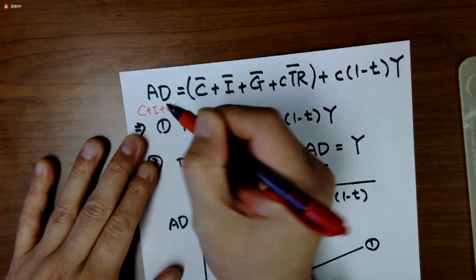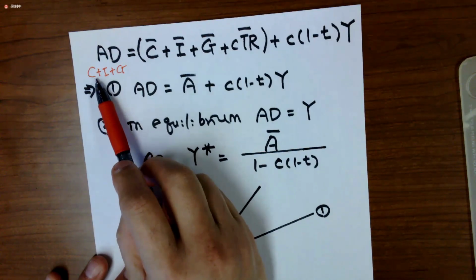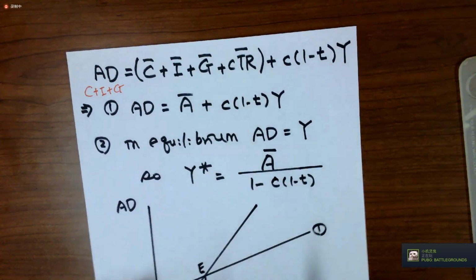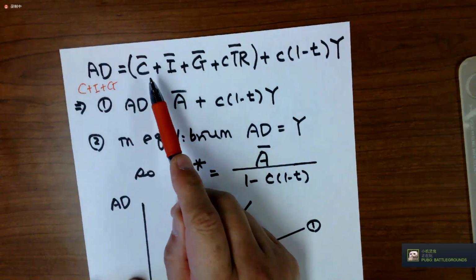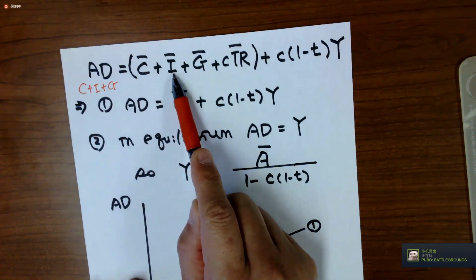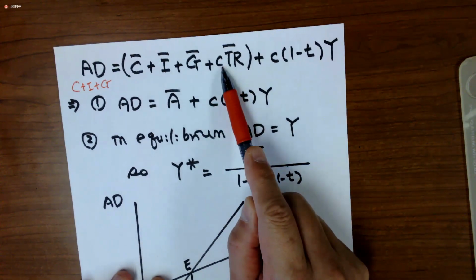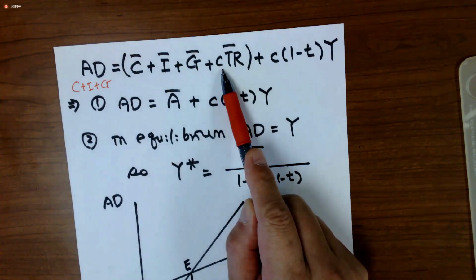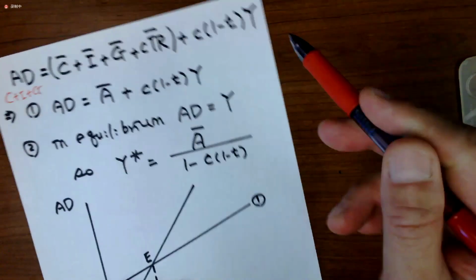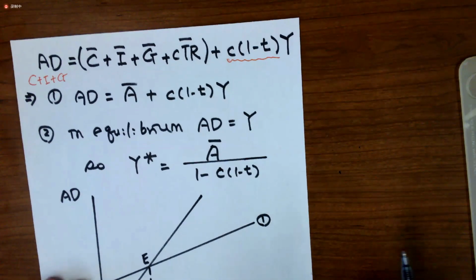Once we plug in the expressions of consumption, investment, and government spending, we end up with what is on the right-hand side. The aggregate demand for the economy is equal to C bar, autonomous consumption, plus I bar, autonomous investment, plus G bar, autonomous government spending, plus little c, the MPC out of disposable income, times the transfer payment. And then c times 1 minus t is the marginal propensity to consume out of total income.